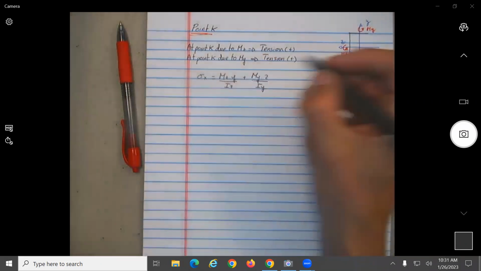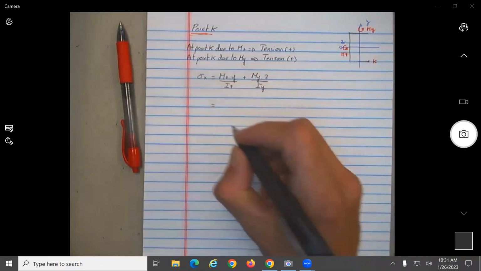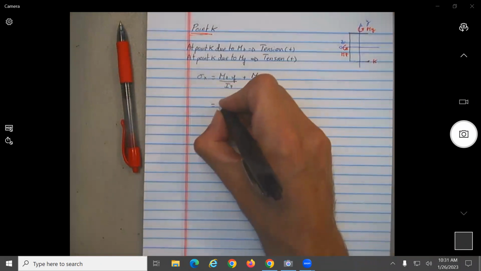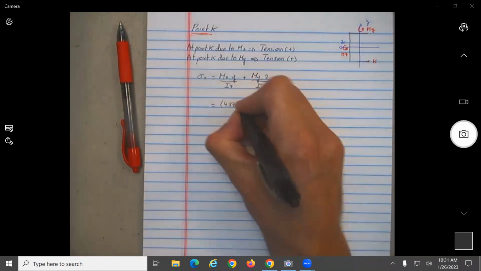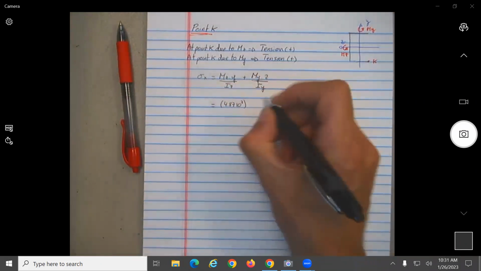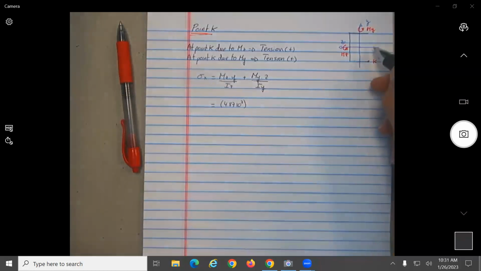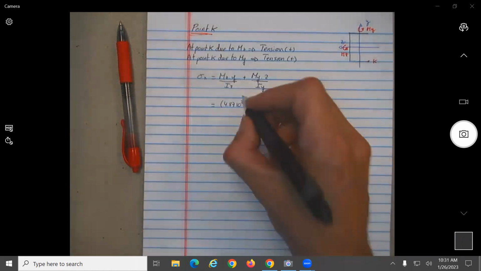So, okay, let's put the values, since we did it for the other one. What do we have for the moment? We can just copy it: 4.87 10 to the 3. What would be y? It should be negative over here, but we're going to take just the magnitude, no? So it's d over 2.